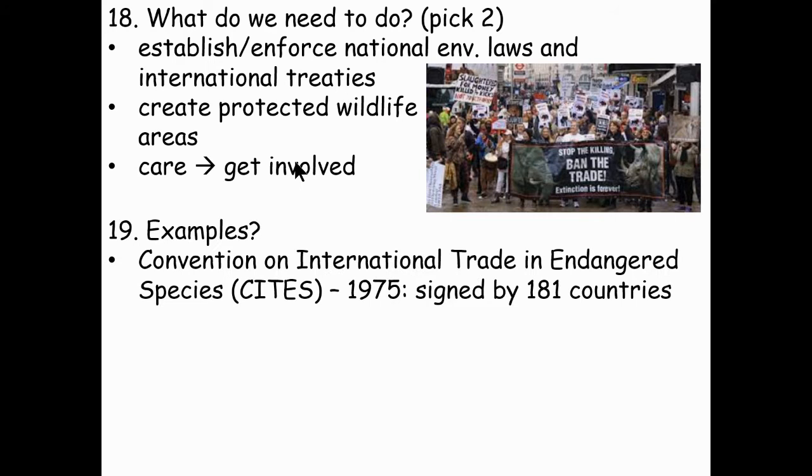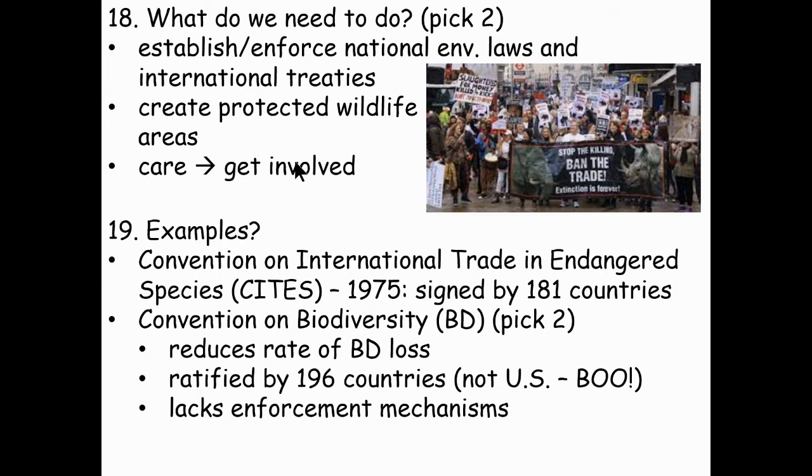Examples: CITES, which was formed in 1975. 181 countries agree to not trade endangered species. Also, the Convention on Biodiversity.